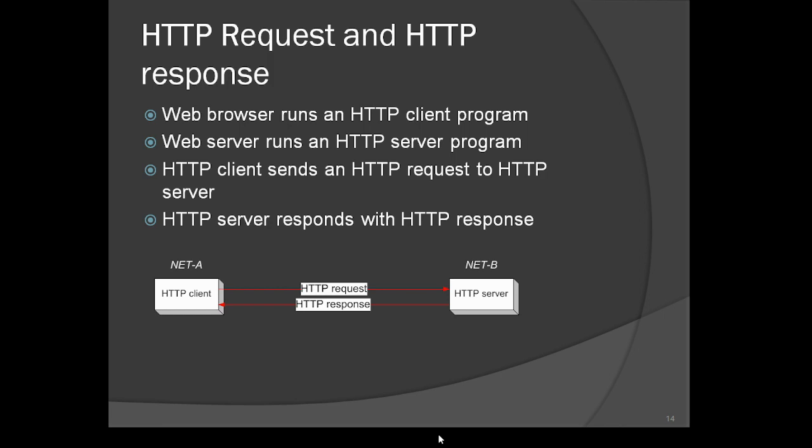The web server runs an application which can provide an HTTP service, for example a WAMP server, which can be used to create a program or a database that can provide an HTTP service or even an HTTPS service. The HTTP client sends an HTTP request to the HTTP server. If there's connectivity, the HTTP server will respond with the HTTP response.